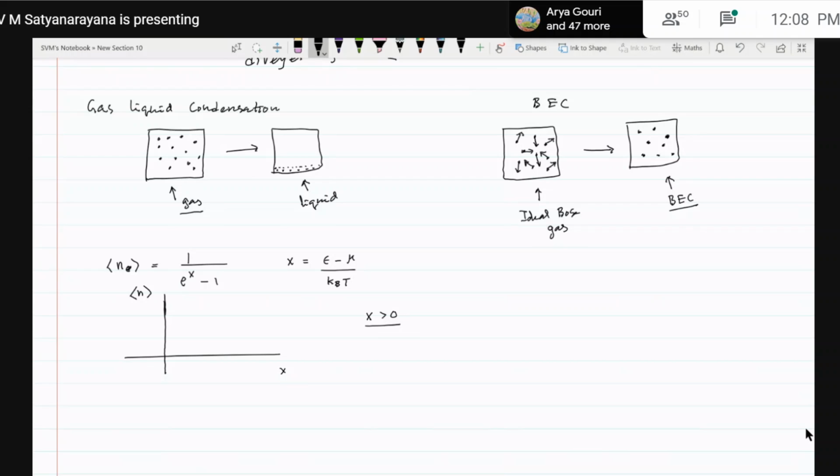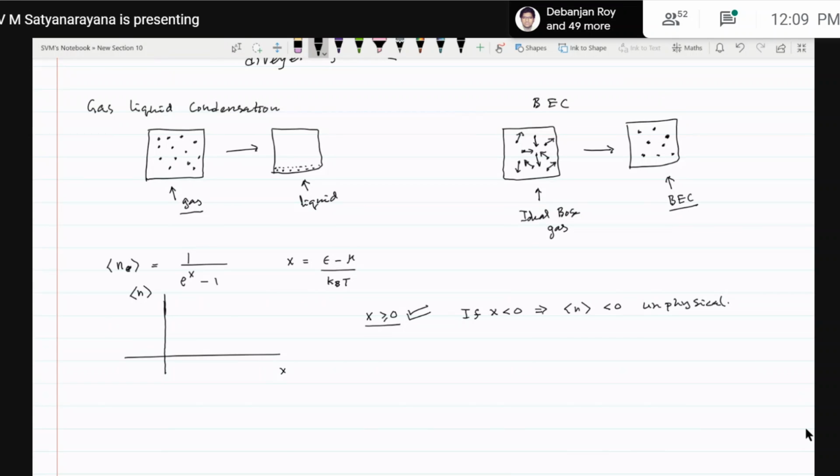Okay, this argument you remember. If x is negative, then... x has to be positive, greater than or equal to 0. So what happens if x is negative? This implies n becomes negative, which is unphysical because this is average occupancy. So because of that, x has to be positive.